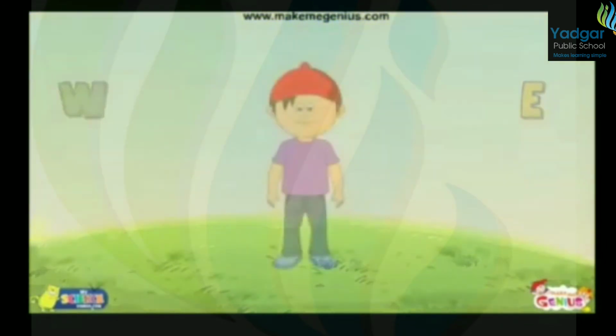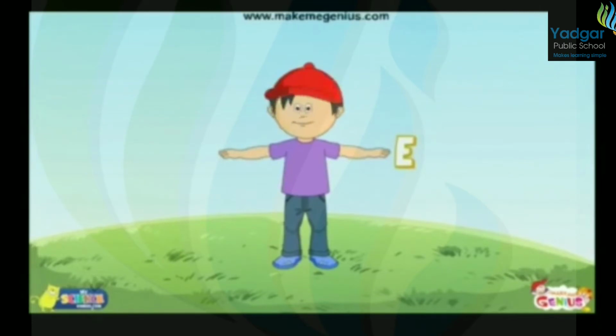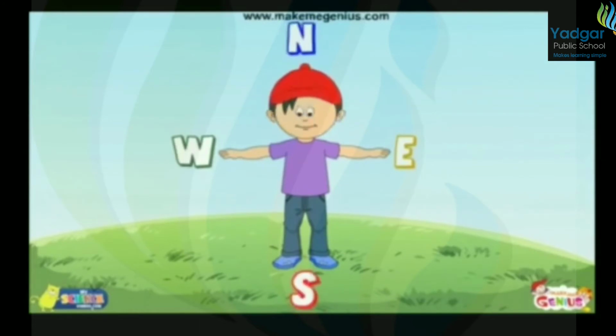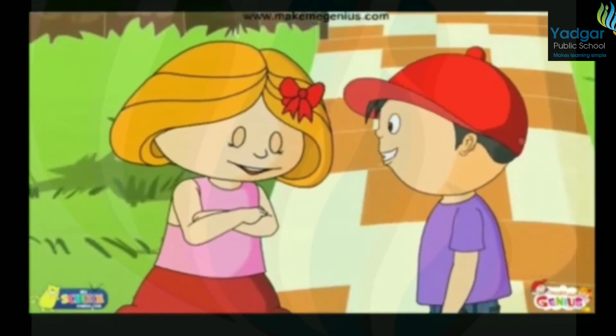The sun rises in the east direction and sets in the west. So, if you stretch out both your arms in a way that your left arm points towards the east, then your right arm will point to the west. Your face will be towards the north and your back to the south. That's so easy. Thanks, Jenny.